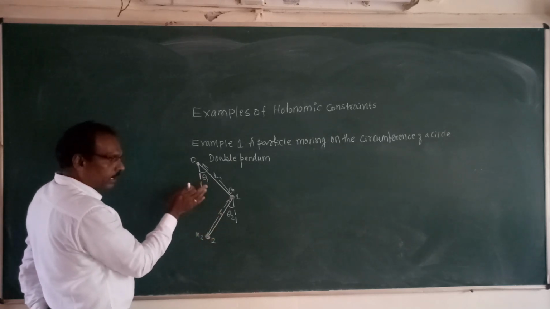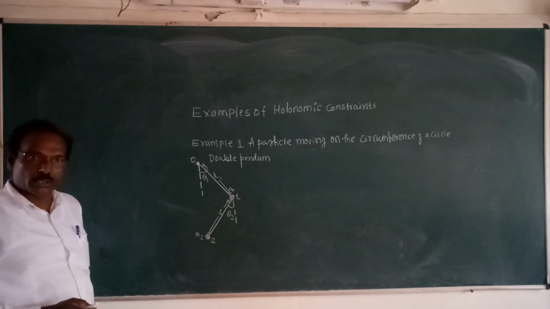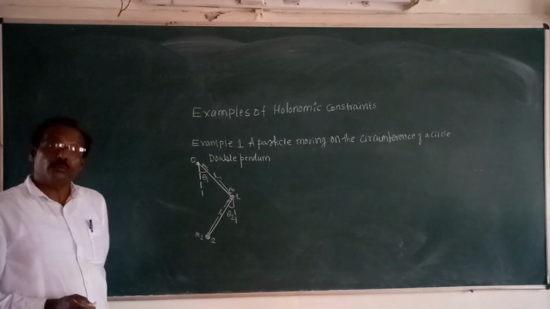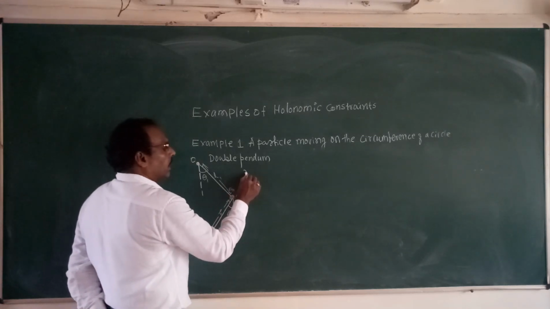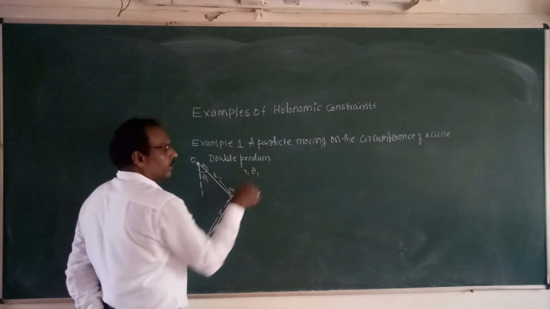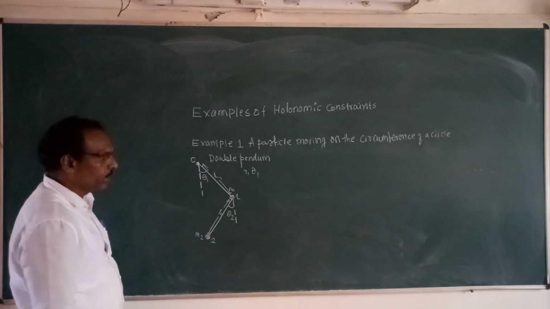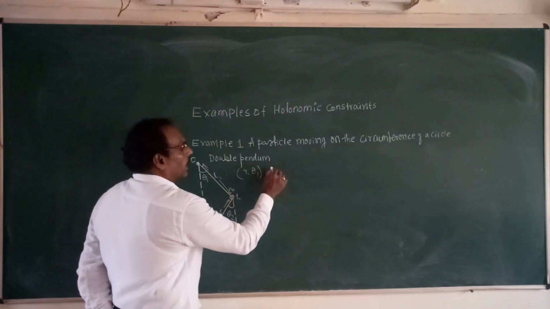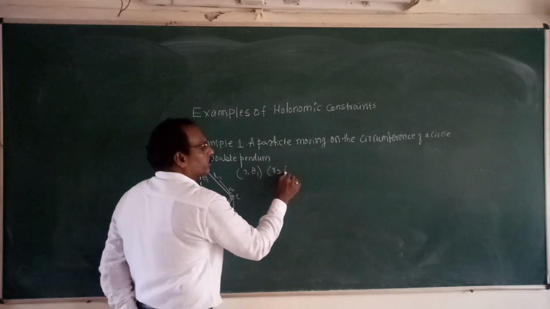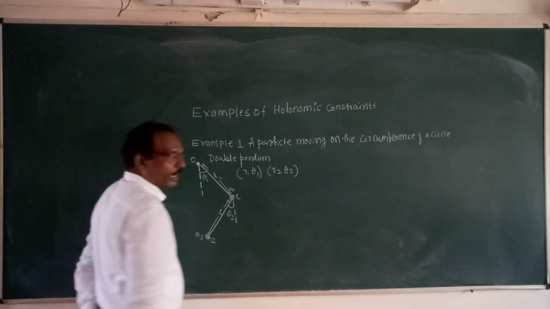So here, in case of double pendulum also, we need 4 coordinates. That is, you can say R1, theta 1, as in case of simple pendulum, we need R and theta for one particle, and R2 and theta 2 for the other particle.